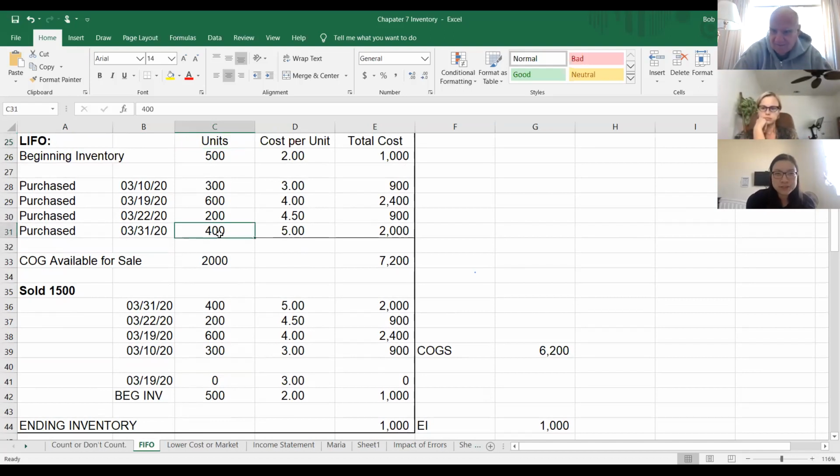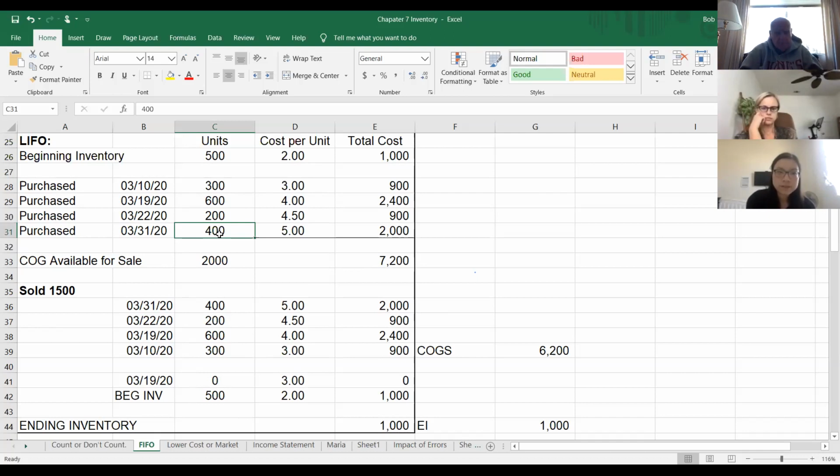When can we choose LIFO, when can we choose FIFO? You can choose any one you want. Companies can choose whichever one they want. There's no rule about it. Okay. And when we get through this little slide here, this Excel sheet, we're going to have to understand why a company might choose one or the other.